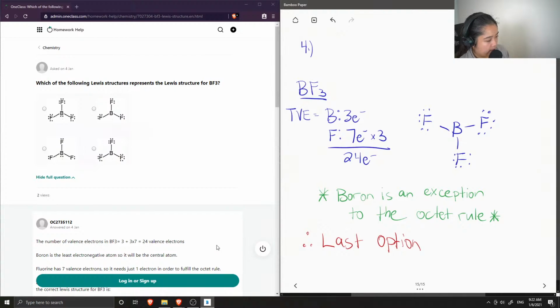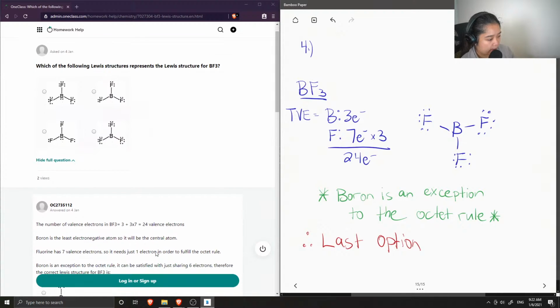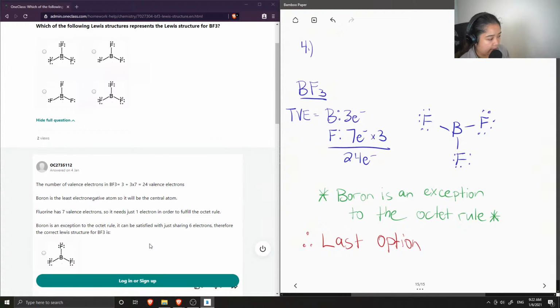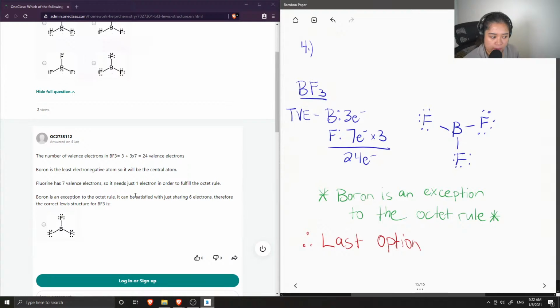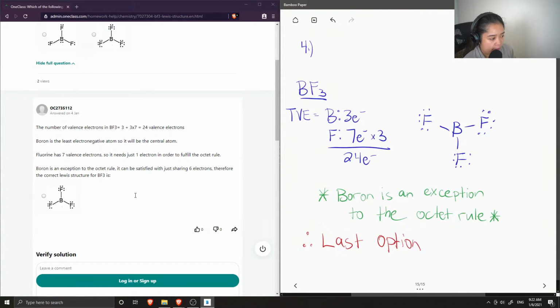Okay, so let's see what the junior tutor said. The number of valence electrons in BF3 is 3 plus 21, which is 24. Boron is the least electronegative atom, so it will be the central atom. Fluorine has 7 valence electrons, so it just needs 1 electron in order to fulfill the octet rule.